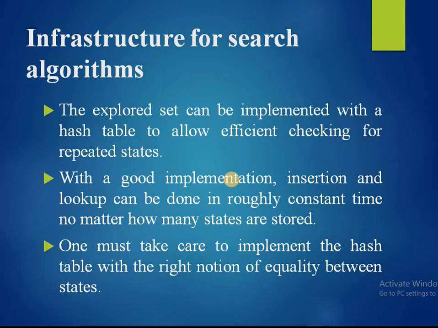The explored set can be implemented with a hash table to allow efficient checking for repeated states. With a good implementation, insertion and lookup can be done in roughly constant time no matter how many states are stored. One must take care to implement the hash table with the right notion of equality between states.